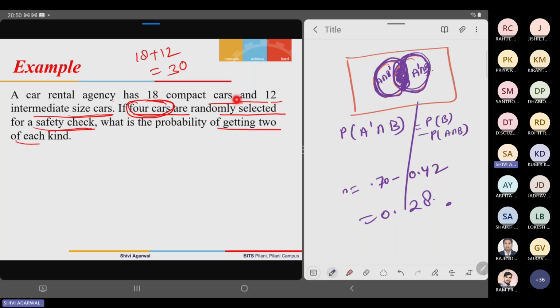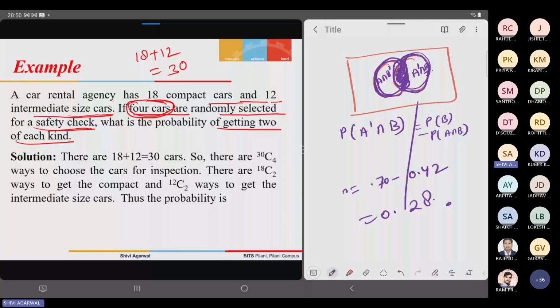What is the probability of getting 2 of each kind? There are 30 cars, so we choose 30C4. That is the total number of possible ways to choose the cars for inspection. There are 18C2 ways to get the compact cars and 12C2 ways to get the intermediate size cars.